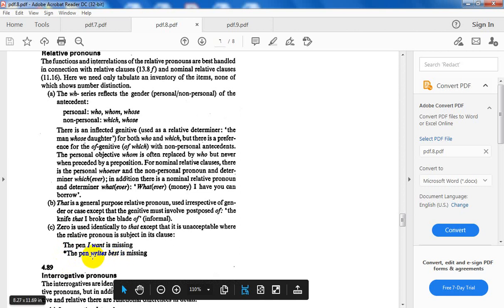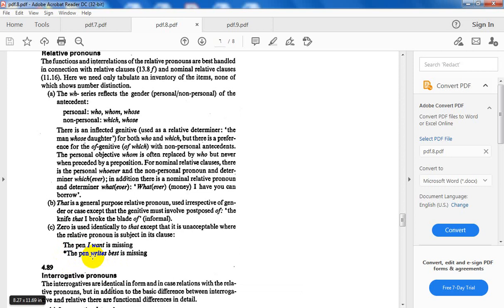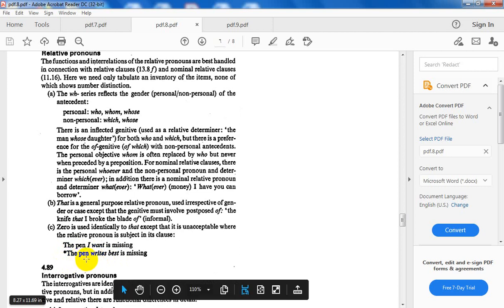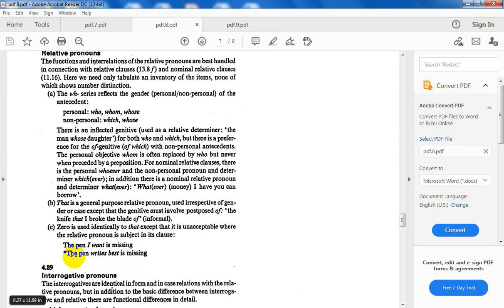It is not okay to omit that; المفروض هذا that it is obligatory. The pen that writes best is missing. طبعا هنا إذا تشوفون now I have two different subjects. The first subject is the pen. The second subject is I. But if it is the same subject, you have to use that.